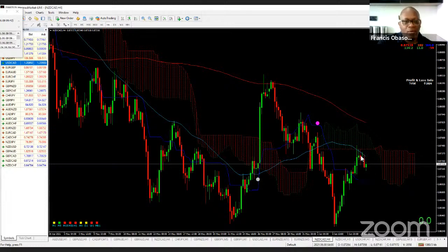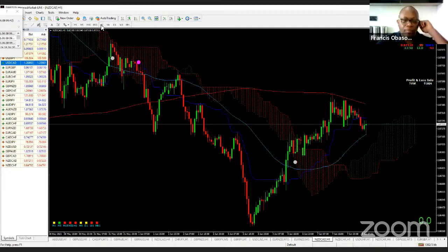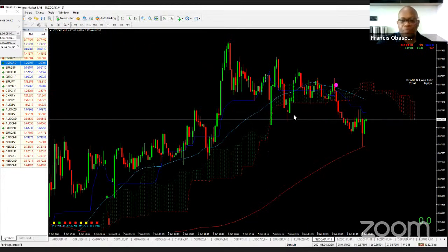And to do that, the best time frame to use is the 4-hour and the 1 hour, going down to the smaller time frames. So that's what we're doing.